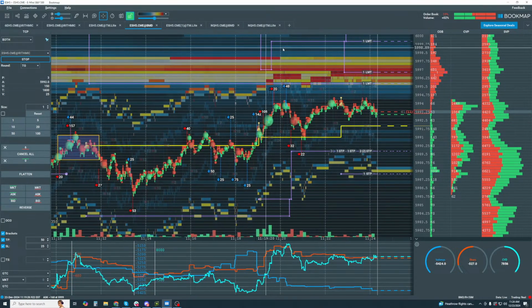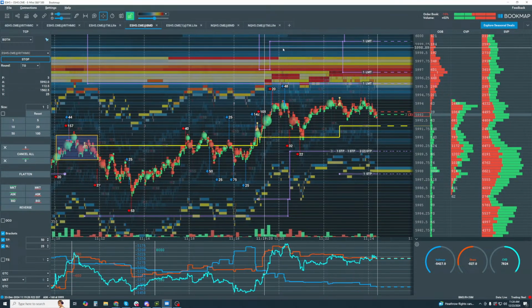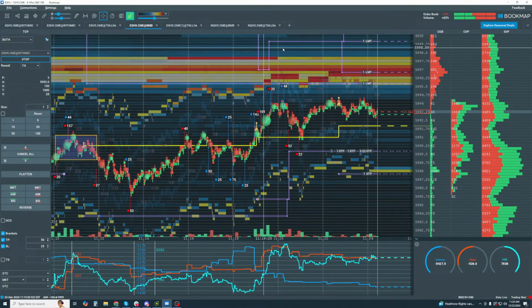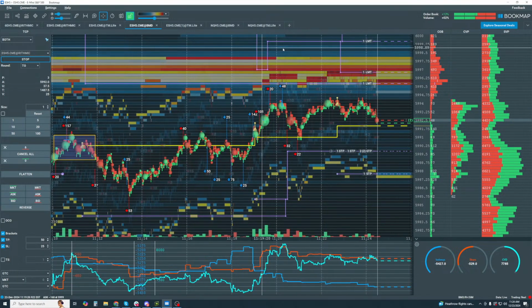Order flow usually, or the price action, picks up here. So larger players are doing different things at the end of their session.